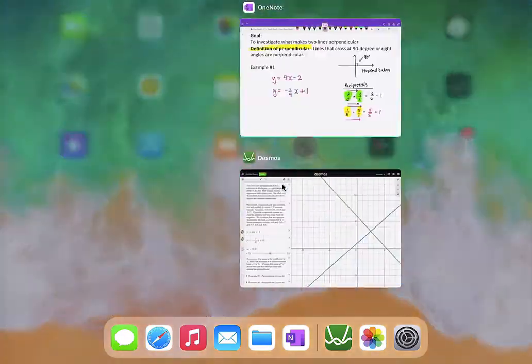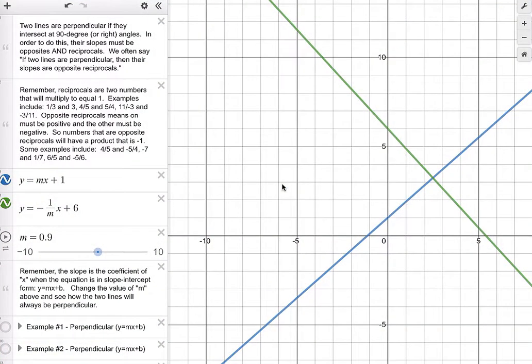Okay, let's go back to our Desmos graph. Opposite reciprocals means that one of the numbers must be positive and the other must be negative. So numbers that are opposite reciprocals will have a product that is -1. Some examples of opposite reciprocals are 4/5 and -5/4, or 7 and -1/7, 6/5 and -5/6.